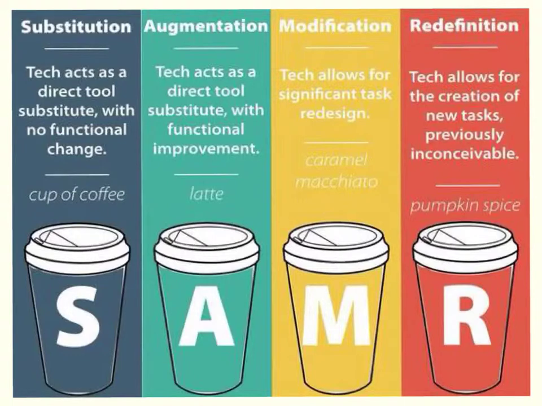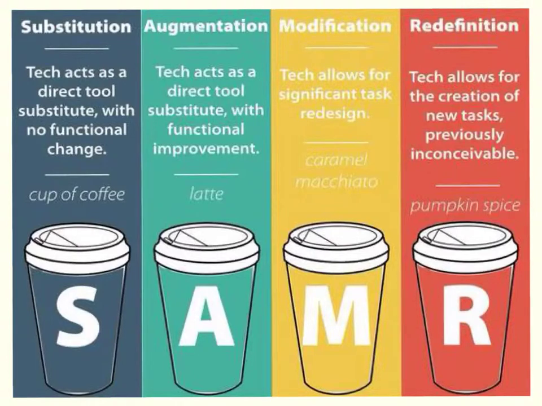The first section of the enhancement portion of the SAMR model is substitution, which is this blue rectangle in this picture. I really like this picture because I think it gives a very simple yet straightforward explanation of SAMR, with each level getting more complex.